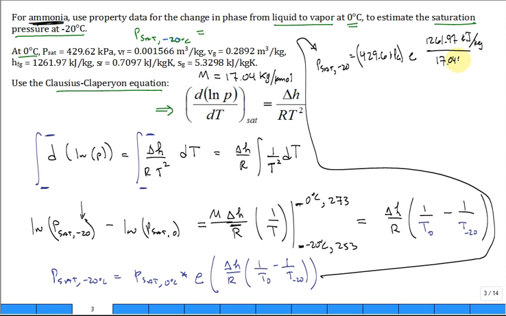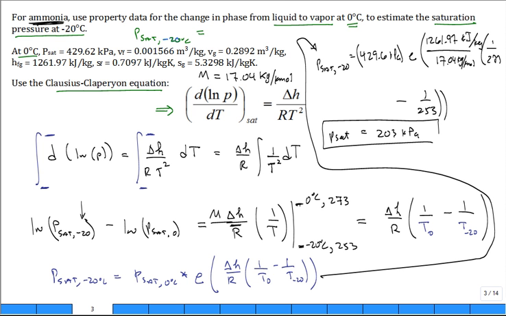And then 1 over the temperature T naught is 273 minus 1 over 253, closed paren, and the saturation pressure at negative 20 comes right at 203 kilopascal.